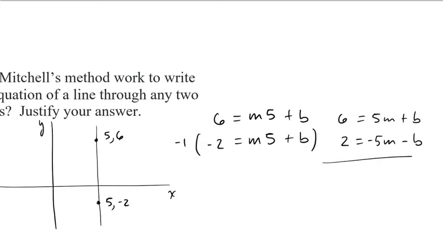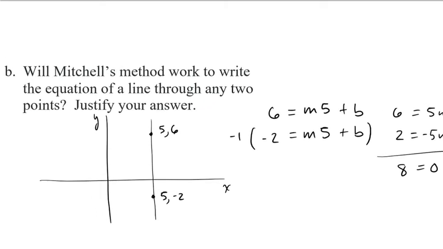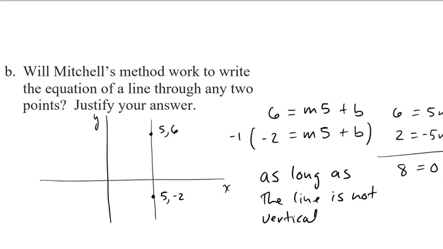And what happens when I combine those, on the left-hand side I get the number 8, and over on the right-hand side I get 0. So I think as long as the line is not vertical, this method should work.